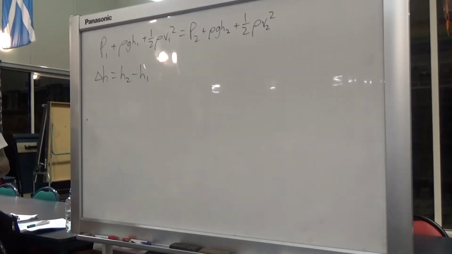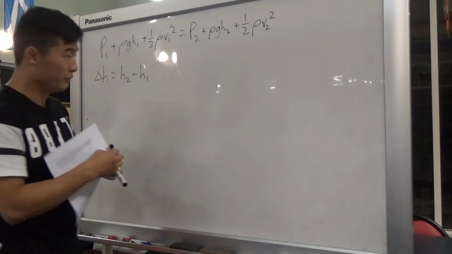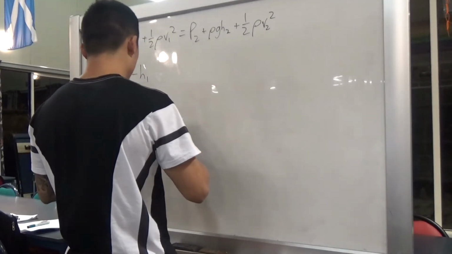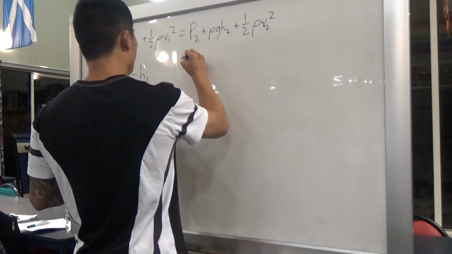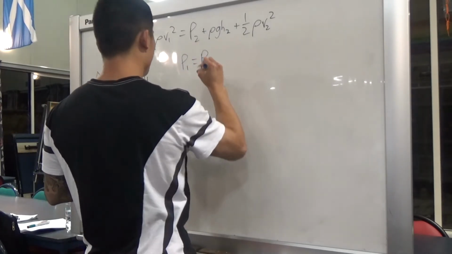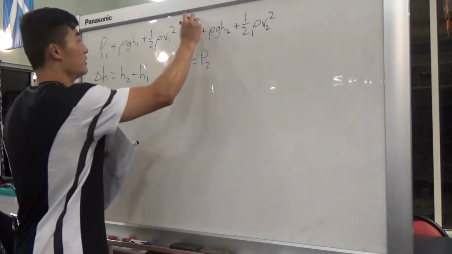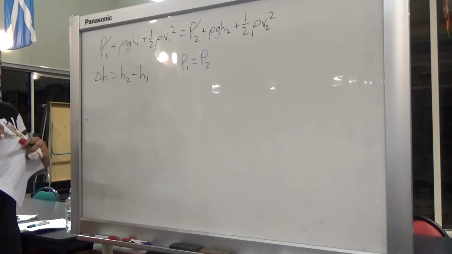And also, we'll write down the variables that we've been given. So we know that P1 is equal to P2. So what that means is that we can cross out P1 and P2 because they cancel out.